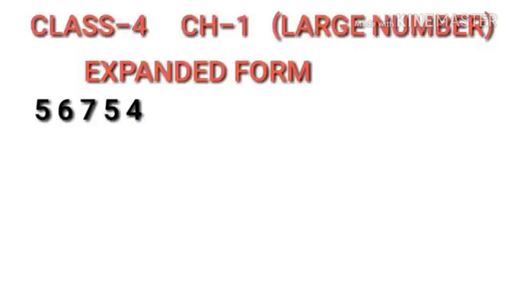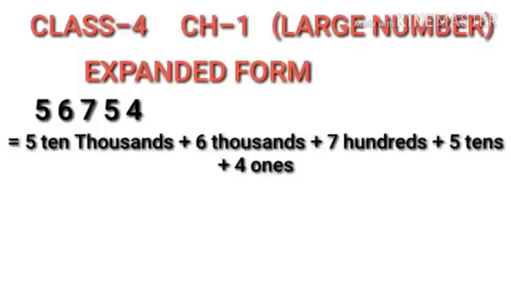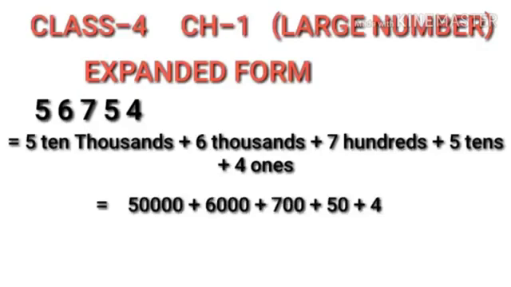So the first example I am taking is a 5-digit number. In this, the expanded form can be written as 5 ten-thousands plus 6 thousands plus 7 hundreds plus 5 tens plus 4 ones, that is equal to 50,000 plus 6,000 plus 700 plus 50 plus 4.